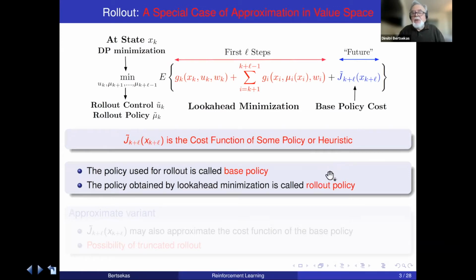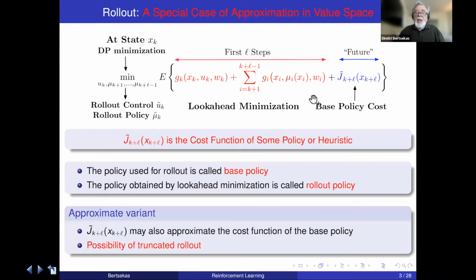Now, there may be some approximations in this scheme. For example, the minimization here may be approximate. The expected value calculation may be approximate. We'll get into this in time.